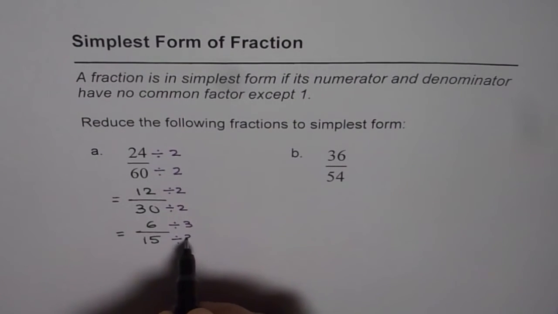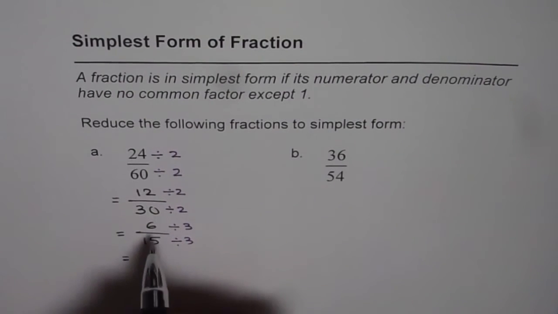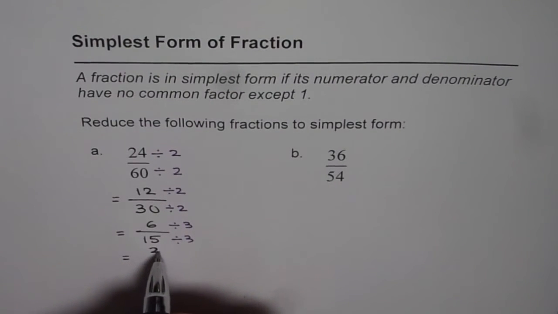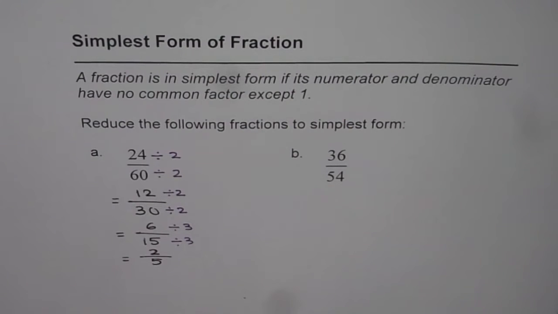You can divide both by 3. 6 divided by 3 is 2, and 15 divided by 3 is 5. Well, 2 and 5 both are prime numbers, so there is no question of having any common factor. This is indeed the simplest form of 24 over 60.